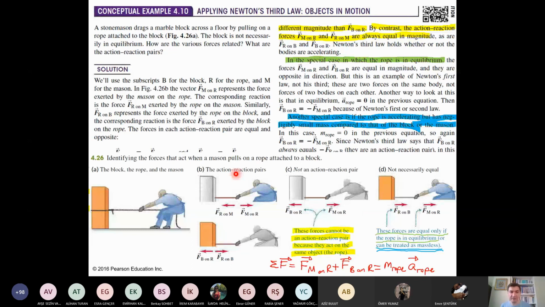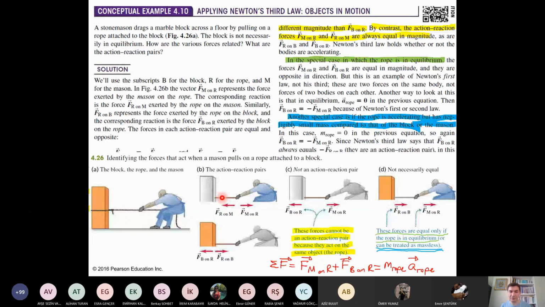The stonemason applies a force on the rope in this direction. Okay, he pulls the rope. Just consider the rope here, and then the stonemason pulls this rope. So this force is applied by the mason on the rope, and then this rope applies a back force on the stonemason.